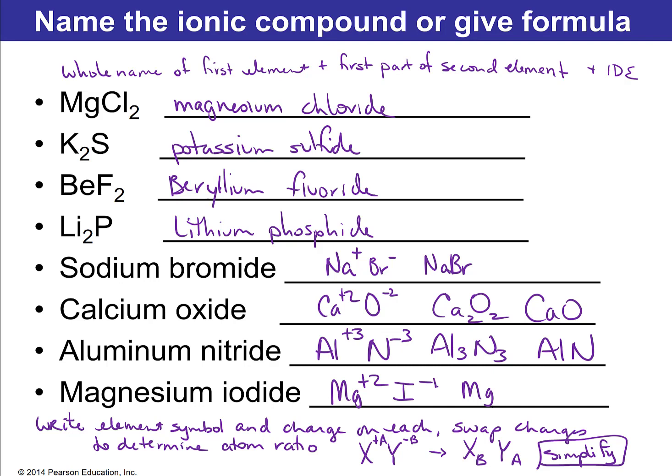If you just see a negative, that means a 1. And then I would be 2. Charge on the metal tells you the number of nonmetals and vice versa. Can I simplify this though? No. Okay. So it's just MgI2. So it stays as is. People are like, that's not terrible.